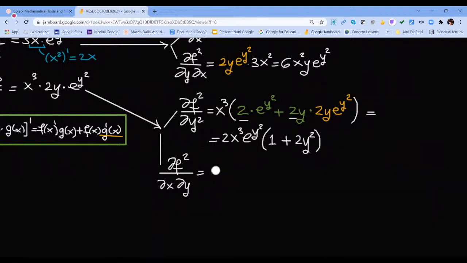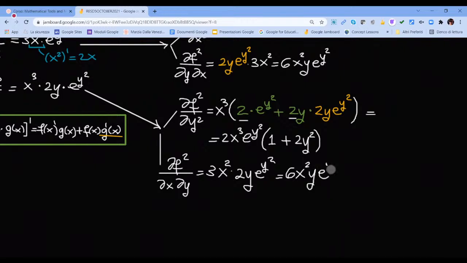So that means we have 3x squared and everything else as it is, 2y e^(y squared). And if we rewrite by multiplying 3 by 2, we obtain 6x squared y e^(y squared).